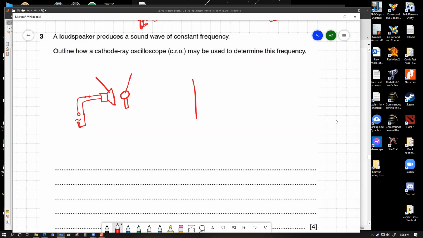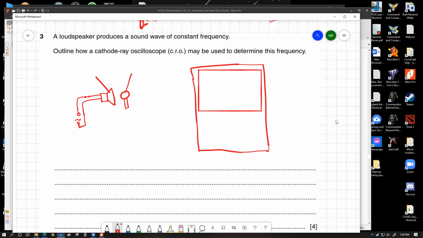connection types. One thing that we can do is, we're going to draw the loudspeaker over here, CRO over here. This is going to be the big part of our drawing. One part is going to be the display. Within that display, these are supposed to be straight lines.